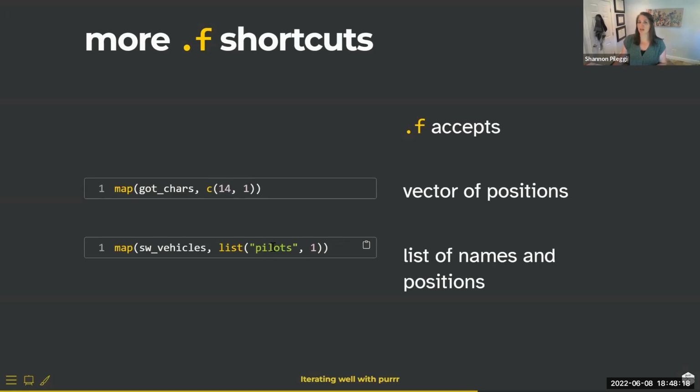And this is another way of saying the same thing. We're going to specify a list of names and positions, so our .f here is we're going to go to the named pilots element and retrieve the first element of it. So there are many ways you can specify .f.